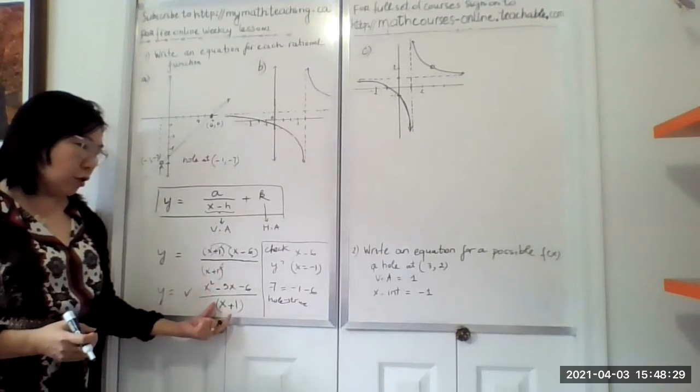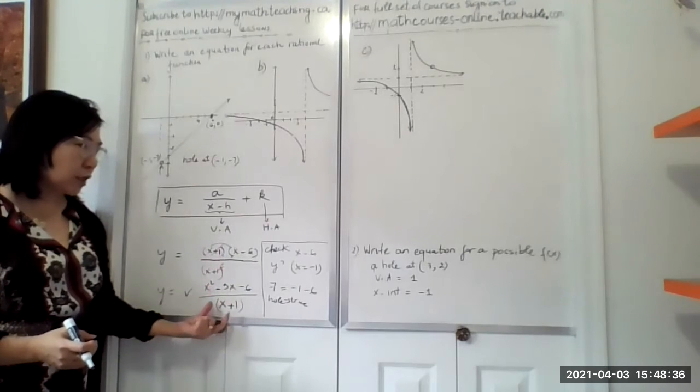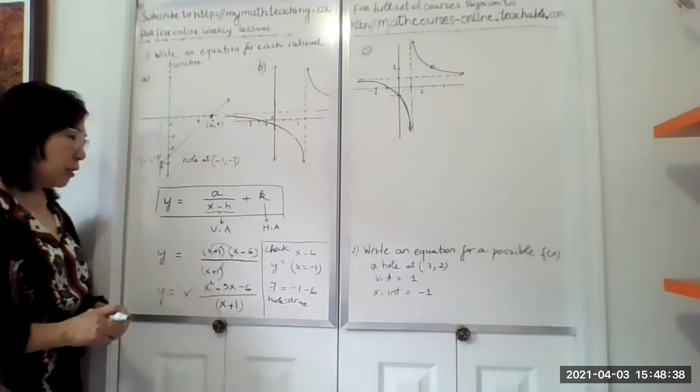It means there's no horizontal asymptote. So basically, we check the hole and the horizontal asymptotes, everything.